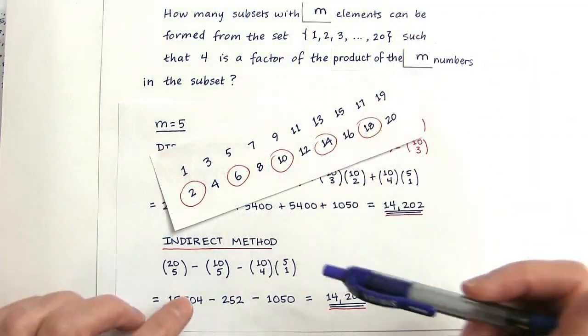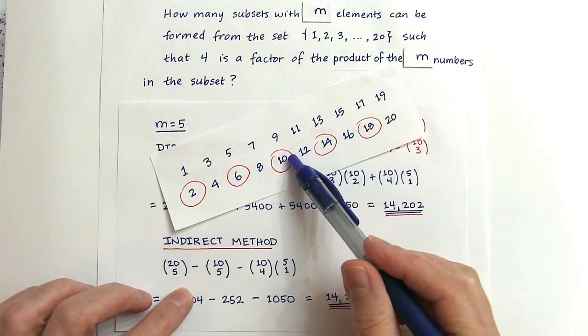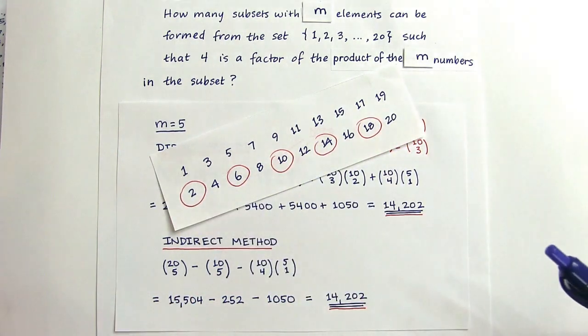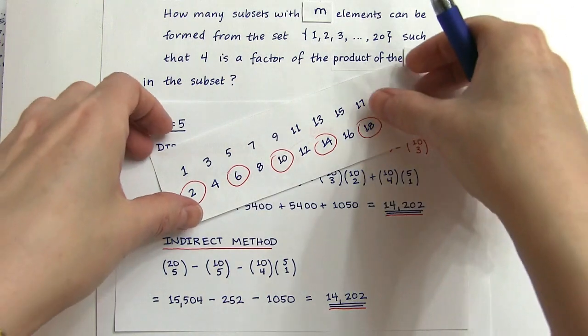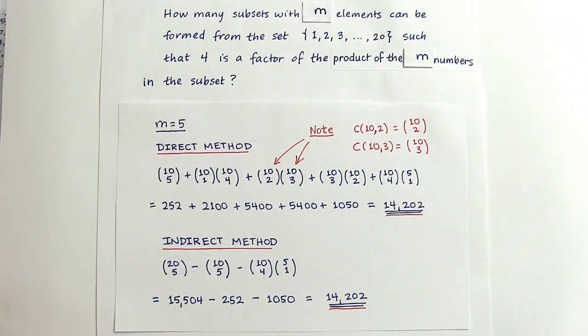That's this possibility again. So the 5 choose 1 came from choosing one of these 5 even numbers that's not divisible by 4. And when I sum up these results, I again get 14,202. Check my answers and see if you agree with me.